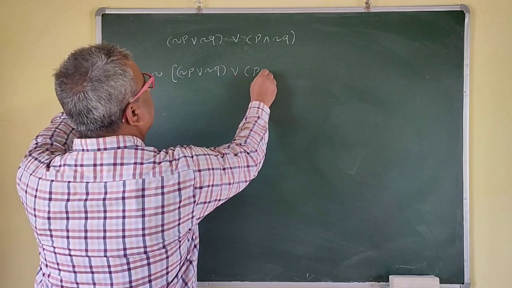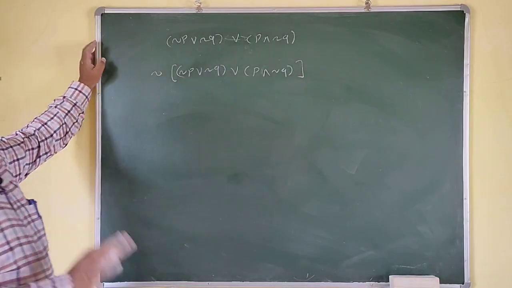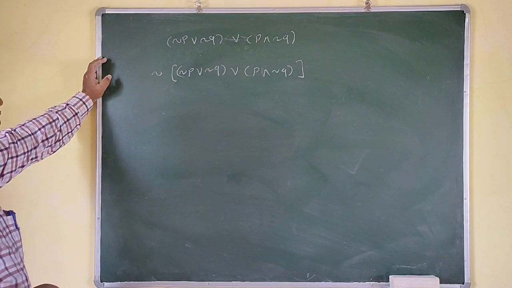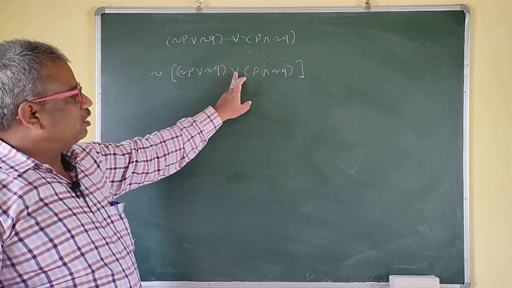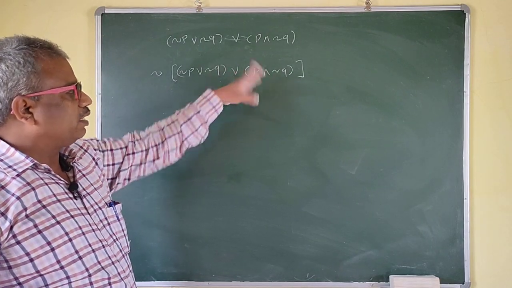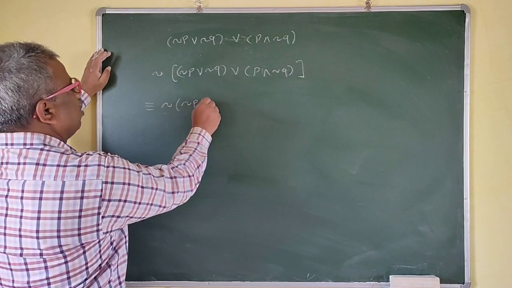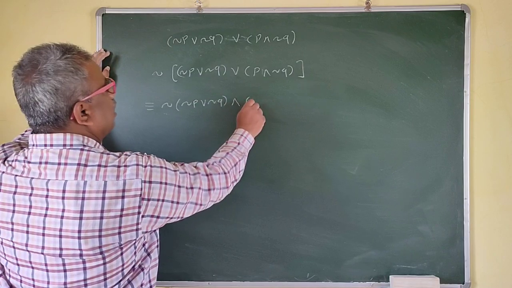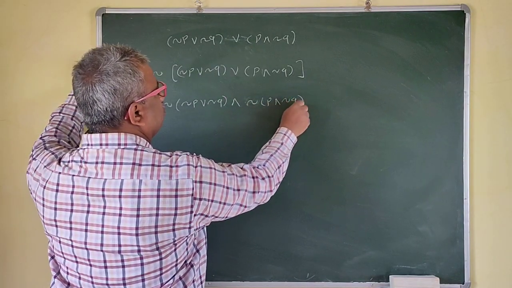For and or, no problem actually, easily we can do this one. So this is P and this is Q. Or is there, replace this or by and and take the negation of both. So this is logically equivalent to negation P or negation Q and negation of P and negation of Q.